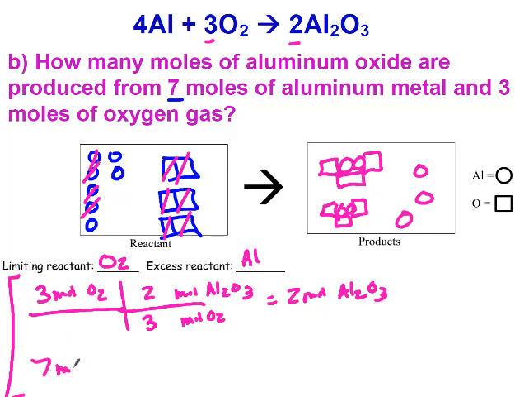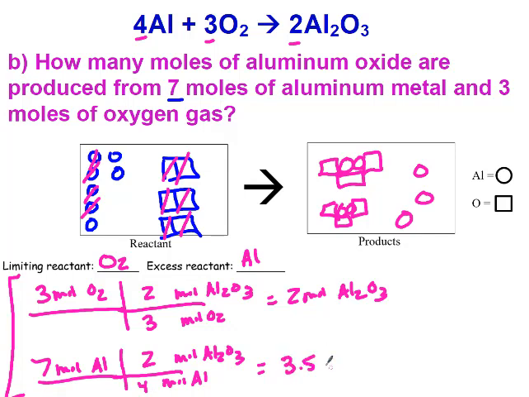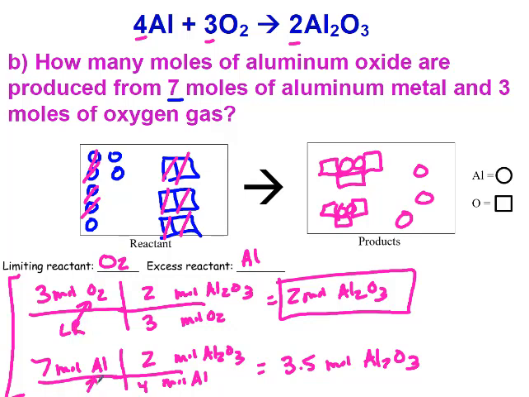And then 7 moles of aluminum. Moles of aluminum to moles of Al2O3. 2 aluminum oxides for every 4 moles of aluminum. That's 14 divided by 4, or 3.5. This one's my smaller one, and I started with oxygen, so that's my limiting reactant, and this one's my excess reactant.